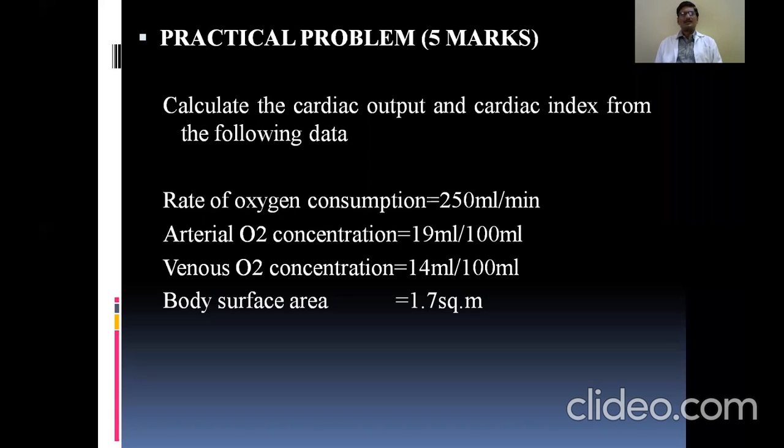One of the important measures of BMR. As you know, arterial blood can be drawn from any superficial artery, and mixed venous blood can be drawn usually from the right atrium or from the pulmonary artery. Once it is sent to the blood gas analyzer, we'll get the values. So from these values, we need to calculate the cardiac output as well as the cardiac index.